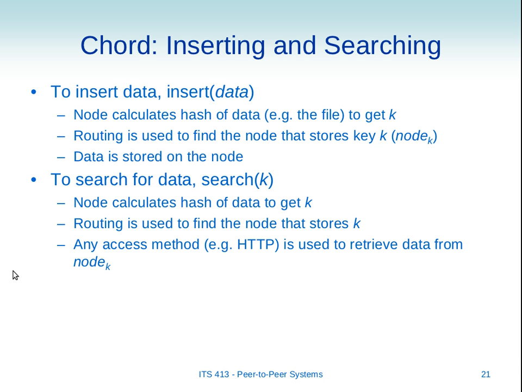I'm a node in the network. I have a file to share. To insert that data into the system, I calculate the hash of the file, find the key value, and then send the file to the node that manages that key value. If my key is 20, I will send it to node 20, or the next node, the node that needs to manage key 20 if 20 doesn't exist.